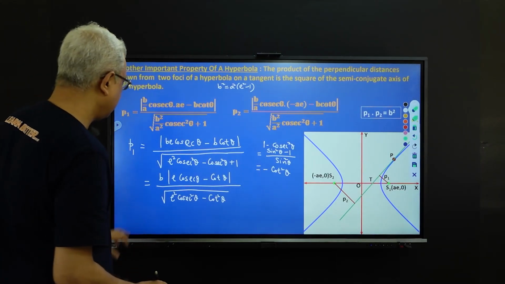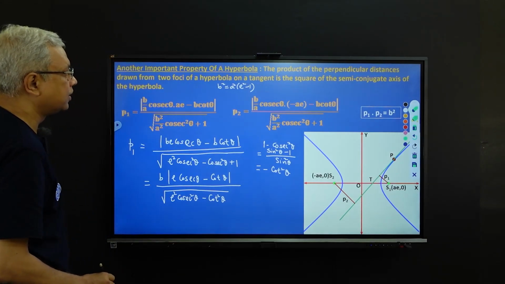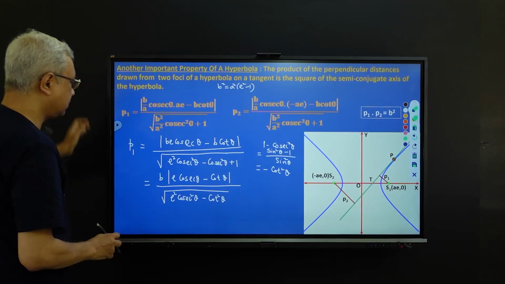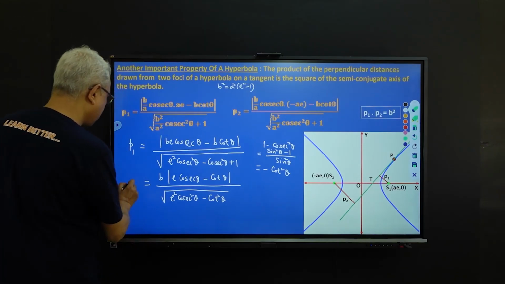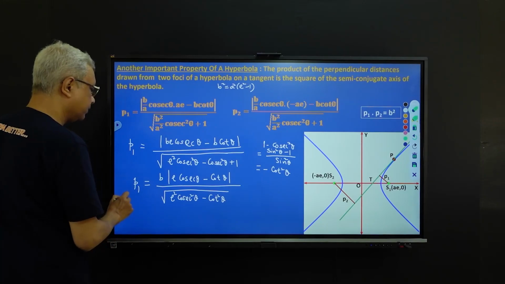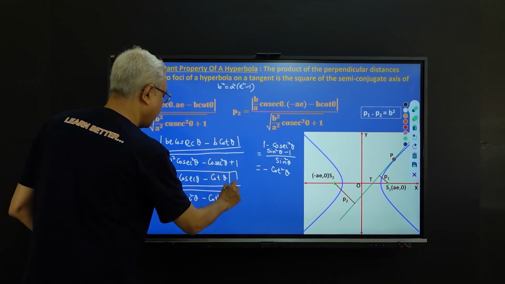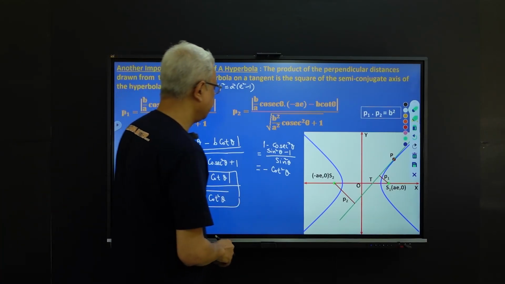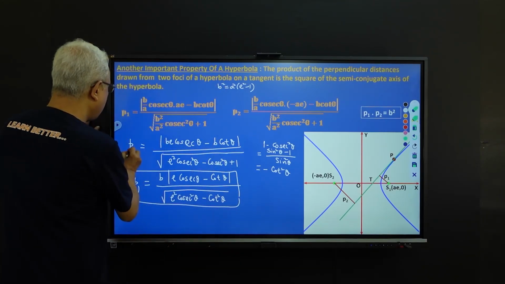And similarly, what is the expression for P2? Now P2 is how much?